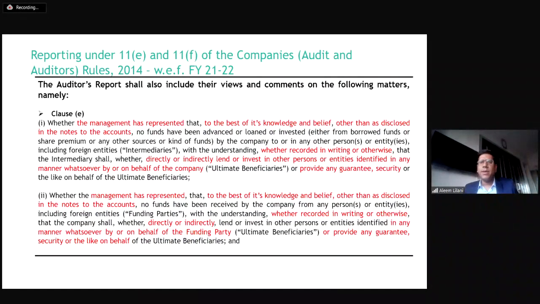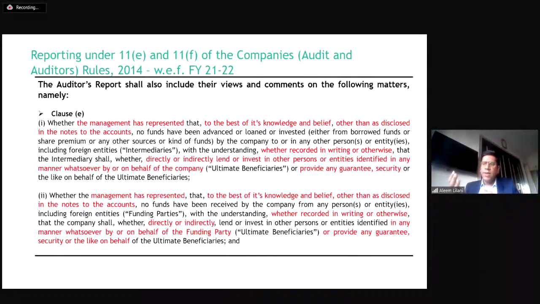So it is basically a clause to capture where the company has moved funds out, not directly to a related party or not directly for any purpose which is prejudicial, but they are doing it indirectly through an intermediary. So a company gives funds to someone else, that person gives it to someone else.